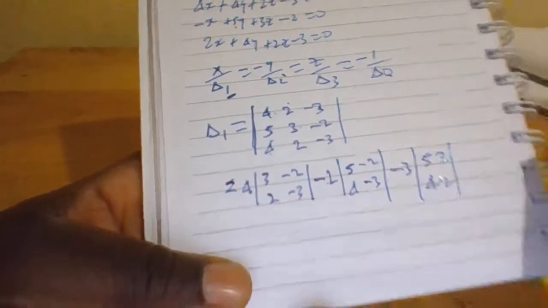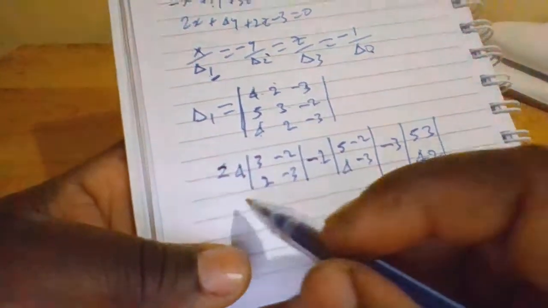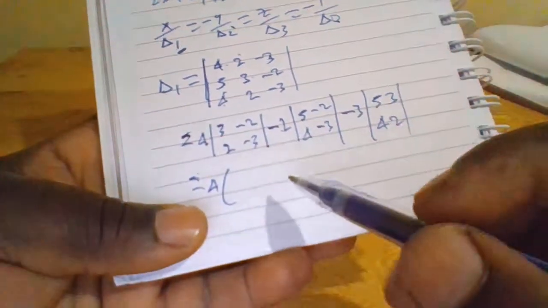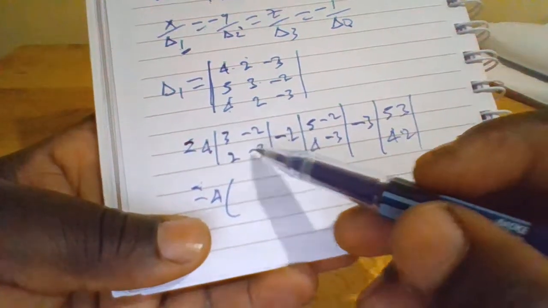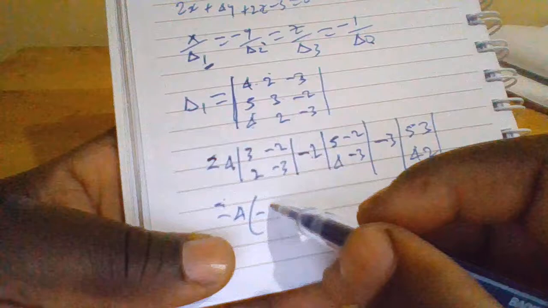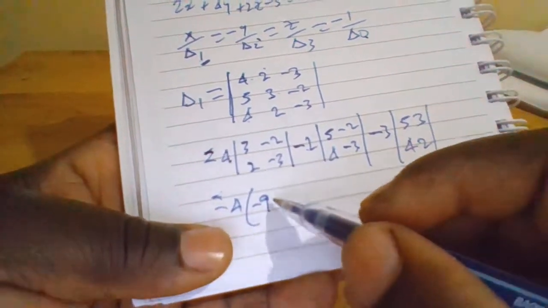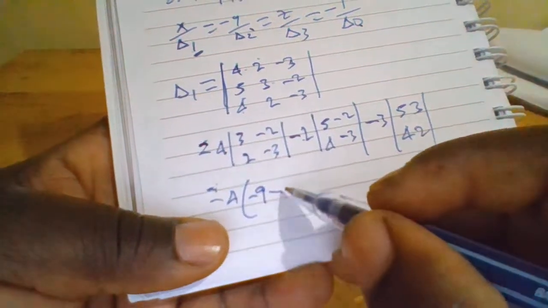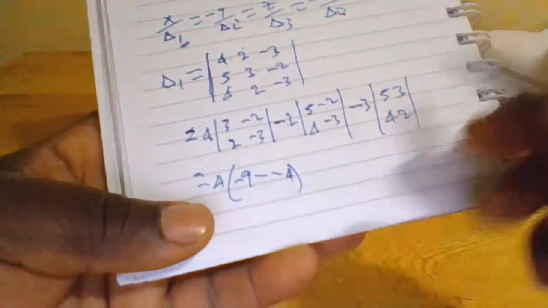Okay, so we now expand these determinants. Negative 3 times 3, we have negative 9, minus 2 times negative 2, we have negative 4.